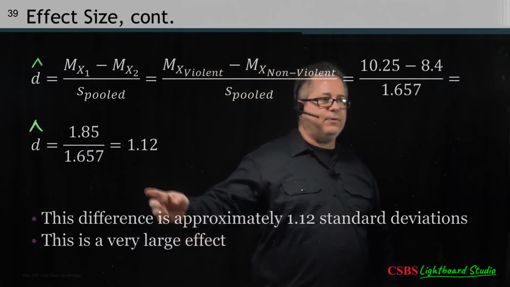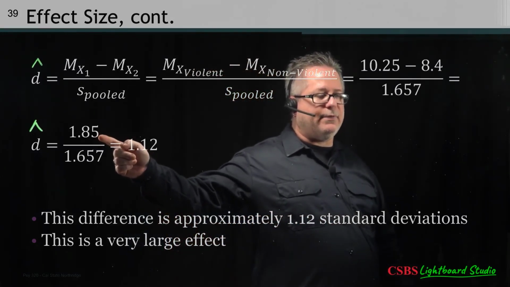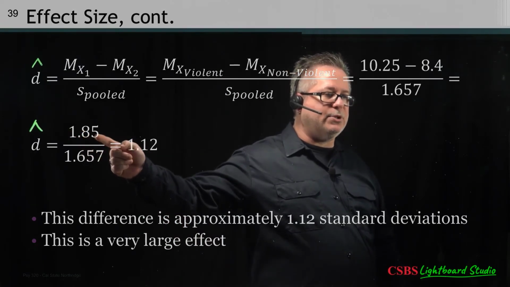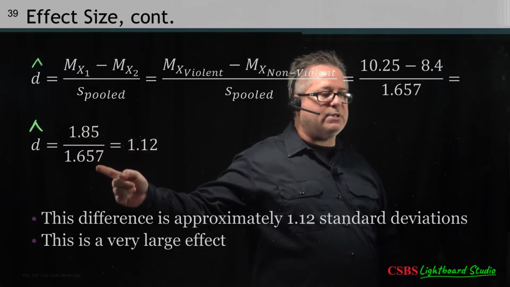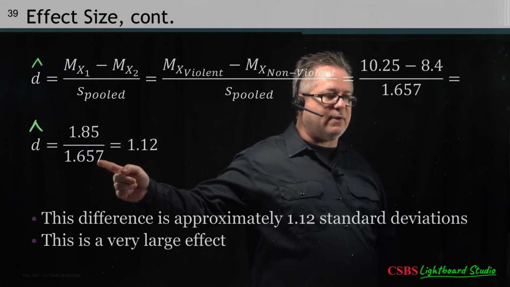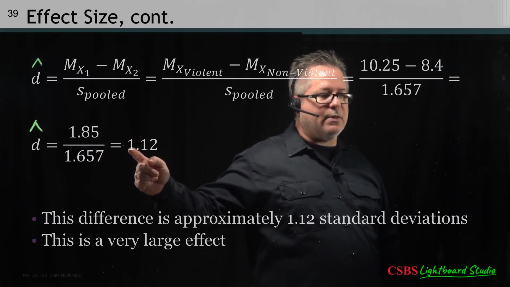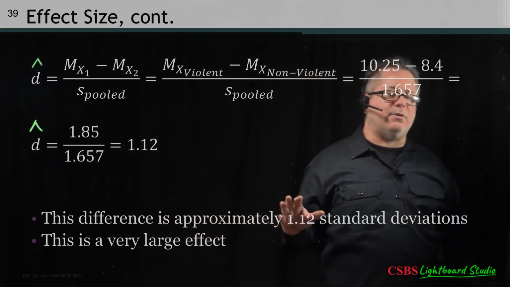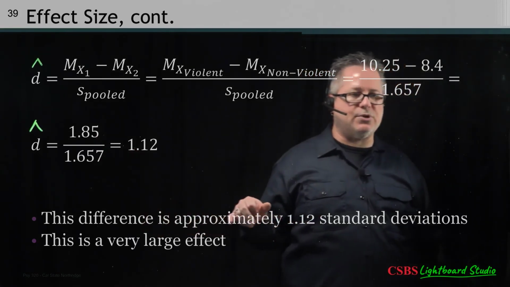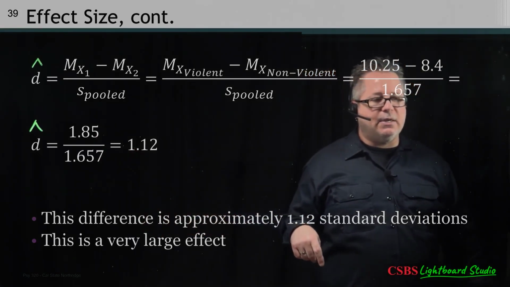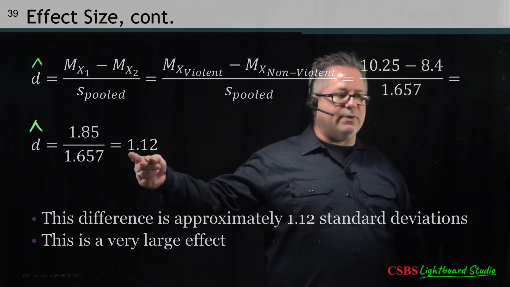All right, so our difference is 1.85, almost 2 units. Our pooled standard deviation is 1.657, which is smaller. So what this tells me is that the difference in aggression, as measured by effect size, is over 1 standard deviation, right?